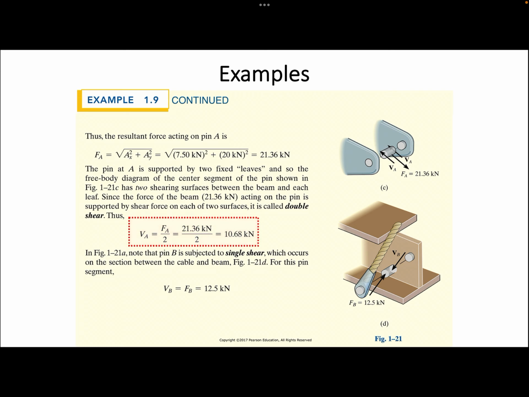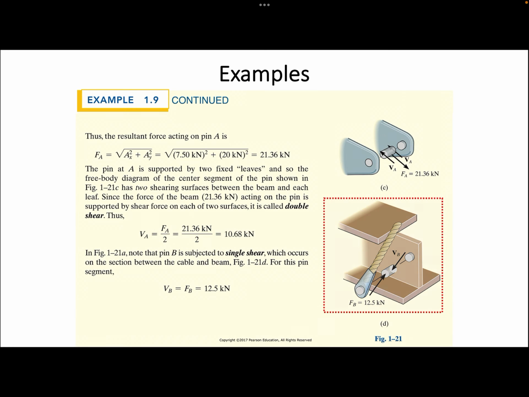Please be careful, that is not the case for pin B, which is subjected to a single shear surface. Because of that, the shear force at pin B is equal to the support reaction FB.